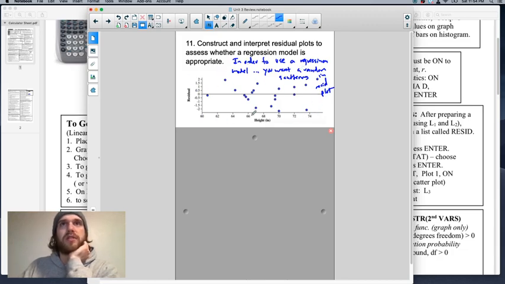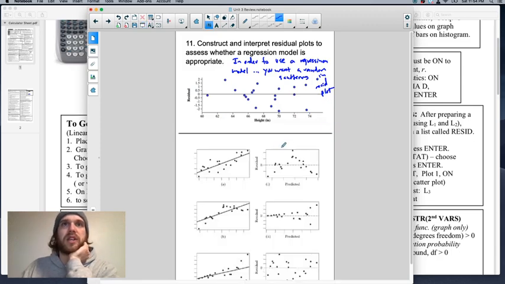Basically, you don't want to see some sort of pattern. And so let's take a look at some other things here. So like this one, it doesn't really look like there's a pattern. There's points down here though. There's kind of points everywhere. There's just kind of a slight gap right there.